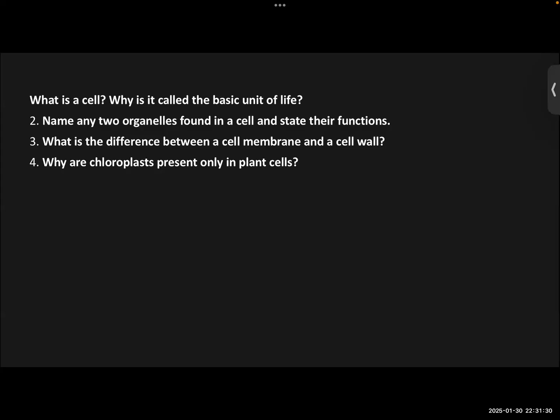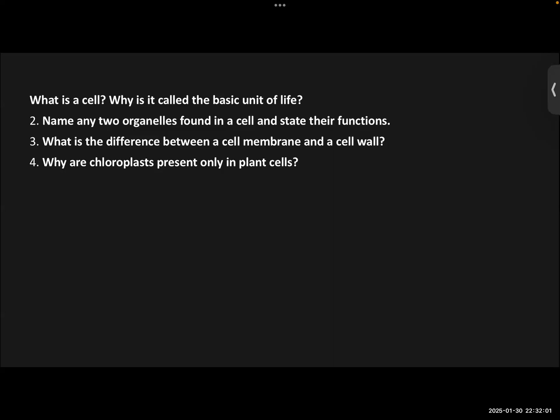Okay, so for the first one, a cell is the smallest unit of life, and it has a definite structure, and it also performs different tasks and functions. And all the plants and animals are made up of cells. Okay. Why is it called the basic unit of life?